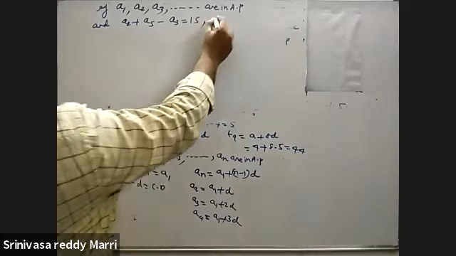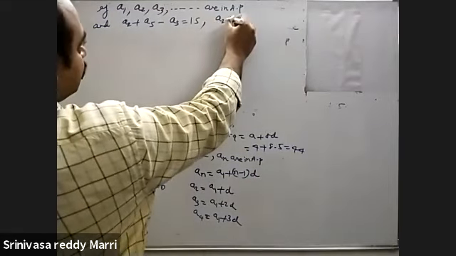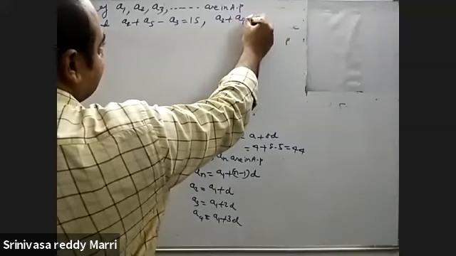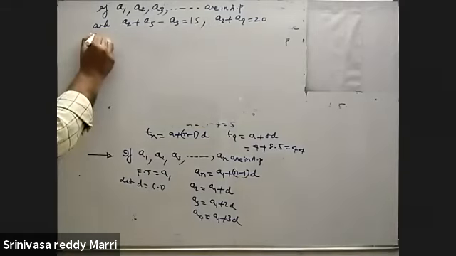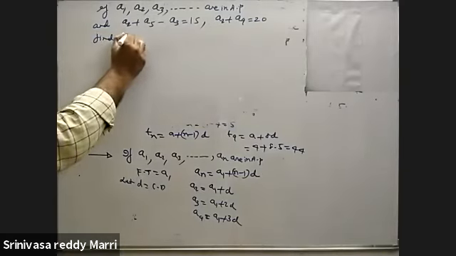The second condition is A2 plus A9 equals 20. The terms satisfy those conditions. Find A11.